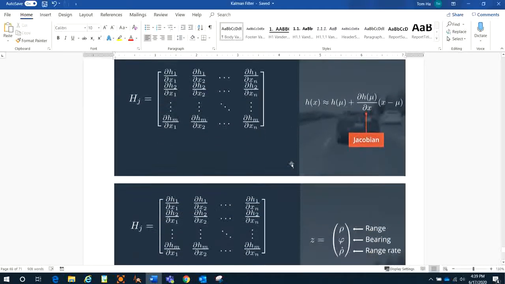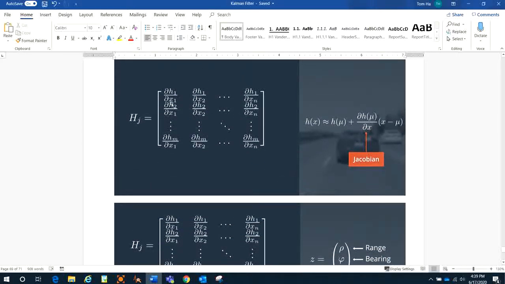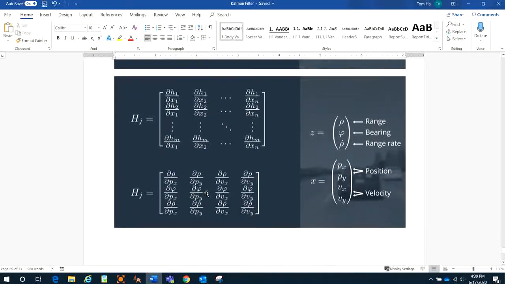In the Jacobian, we have partial derivatives. I think you remember this from calculus. For example, the derivative with respect to the first dimension, second dimension, S2, S3, and in a similar way. For our example, we have this z: rho, the range, phi, the bearing, and rho dot, the range rate.